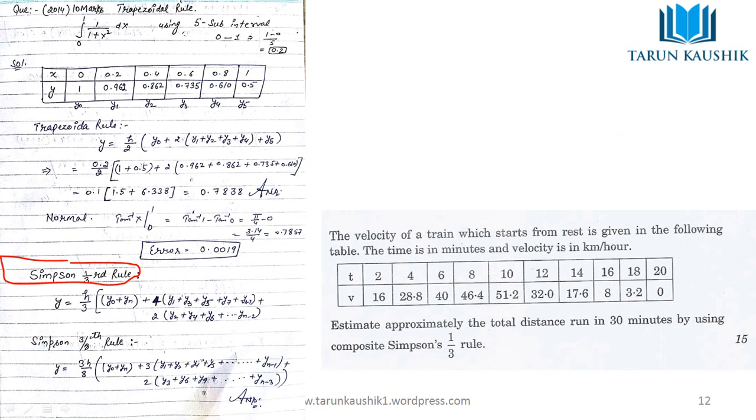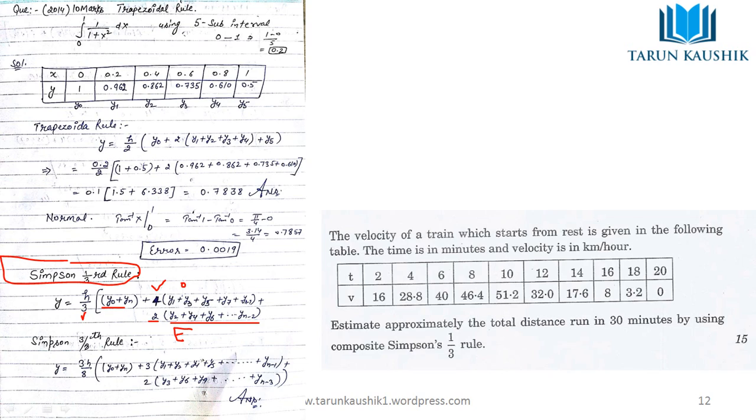Here it is 1/3, so divide h by 3, and again first and last term. Now you have to separate the even terms and odd terms. You multiply the even terms by 2 and the odd terms by 4. This is a trick you have to remember, because even terms are multiples of 2, so you multiply the even terms by 2 and the rest of the odd terms by 4.